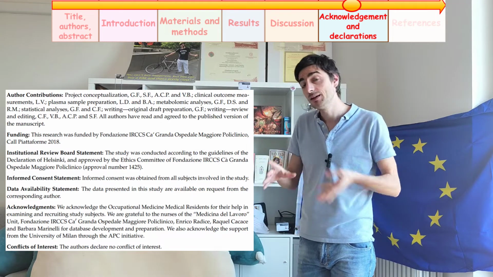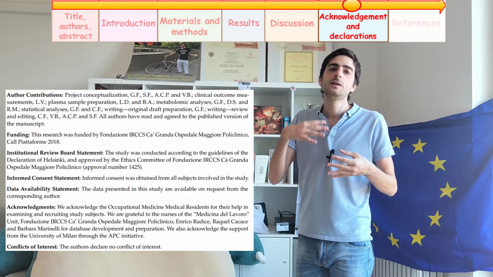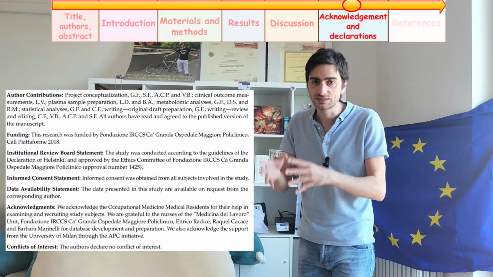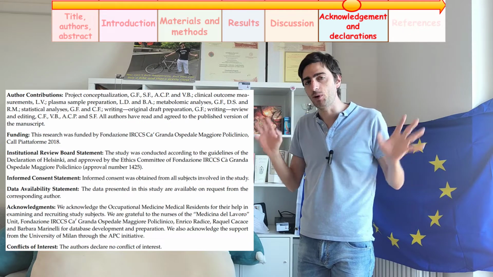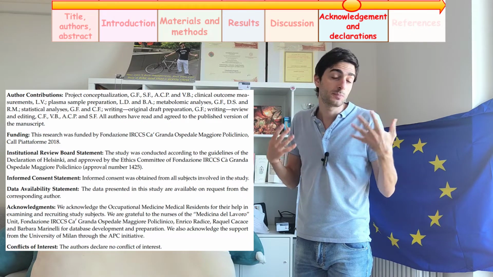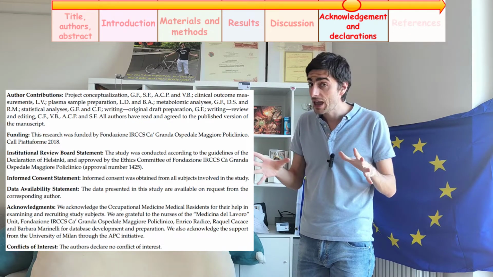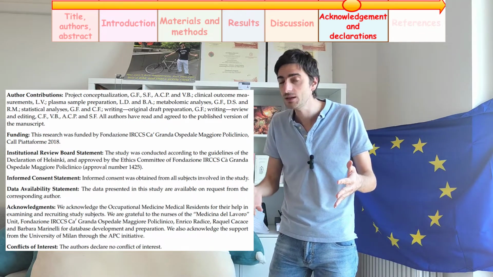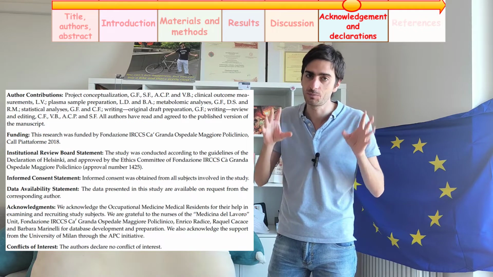I'm not saying that. But I just say that if a private company specifically finances a study, this can be a possible source of bias, because the private company will never publish the results that are not in line with the interest of the private company.